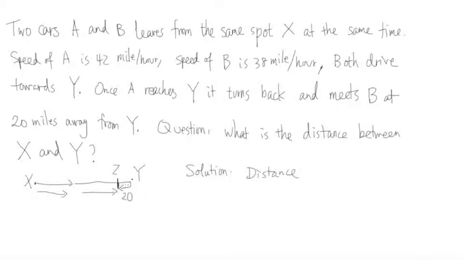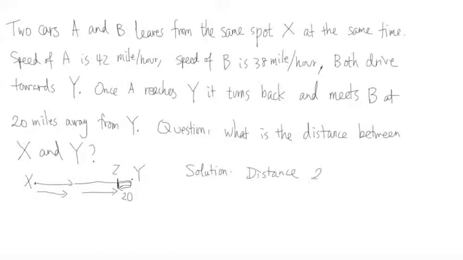And what does 20 mean? Well, look at the picture. A covered this much, and B covered that much. So you see B covered a little bit less, and how much less? Well, A covered this part ZY and the part going back, so double the part ZY.